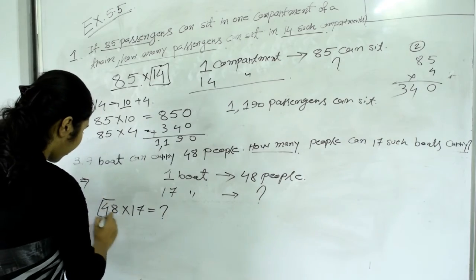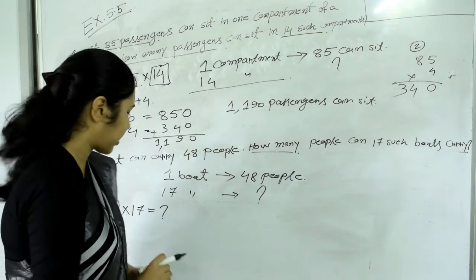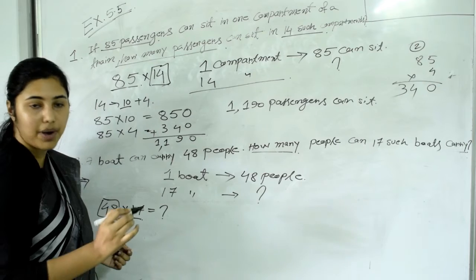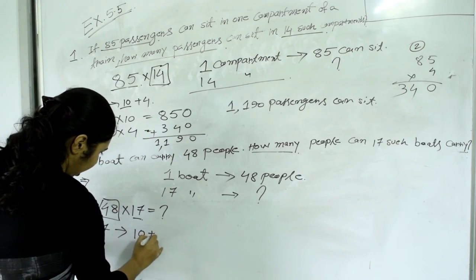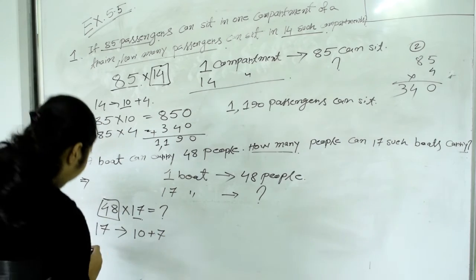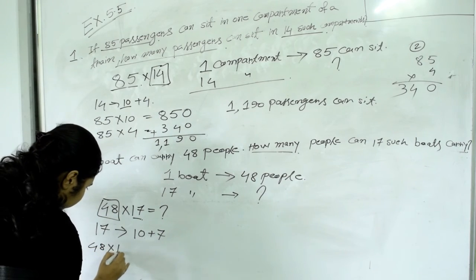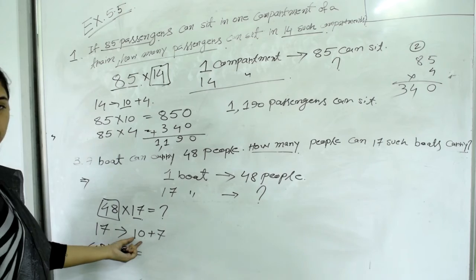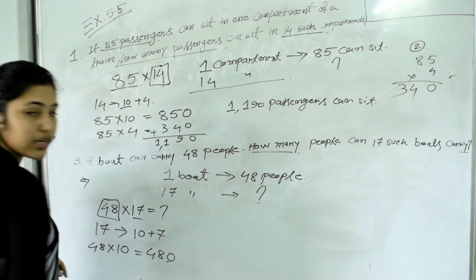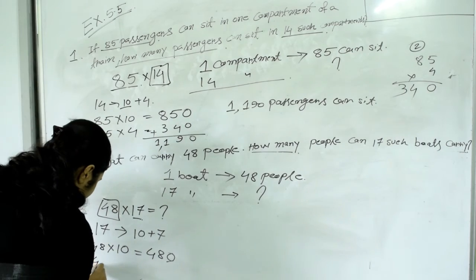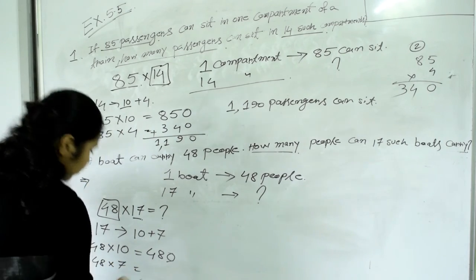Now consider 48 as multiplicand and 17 as multiplier. Now split 17 as 10 plus 7. First, we multiply 48 with 10. We will get here 480, 0 in ones place, and then 48 with 7.